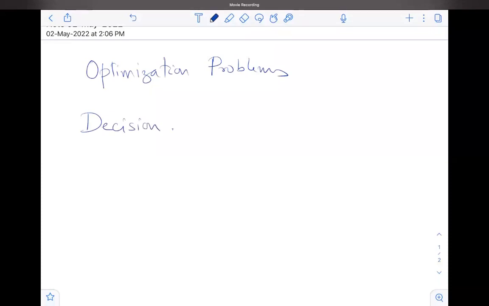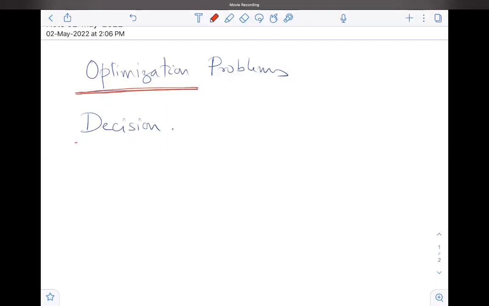Optimization problems are problems in which your job is to find a solution that optimizes something, like find the minimum length path between 2 points, or find the smallest vertex cover in a graph, or find the maximum number of objects you can pick in a knapsack, and so forth, right?